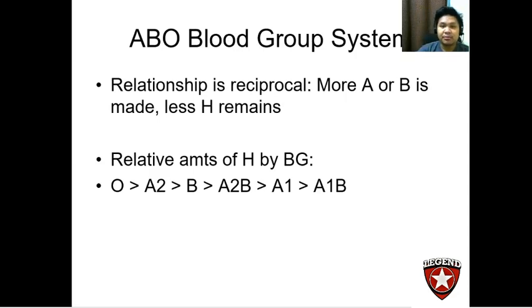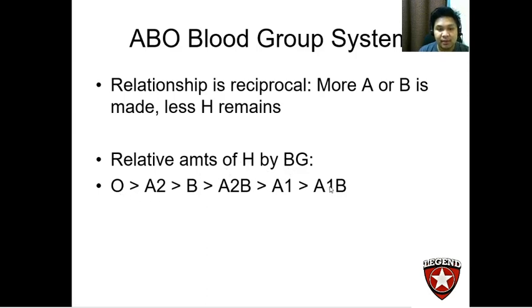The relationship of your A and B antigen is reciprocal to the quantity of your H antigen, meaning if more A or B is made, less of the H antigen remains. The relative amounts of your H antigen differ by the blood group.